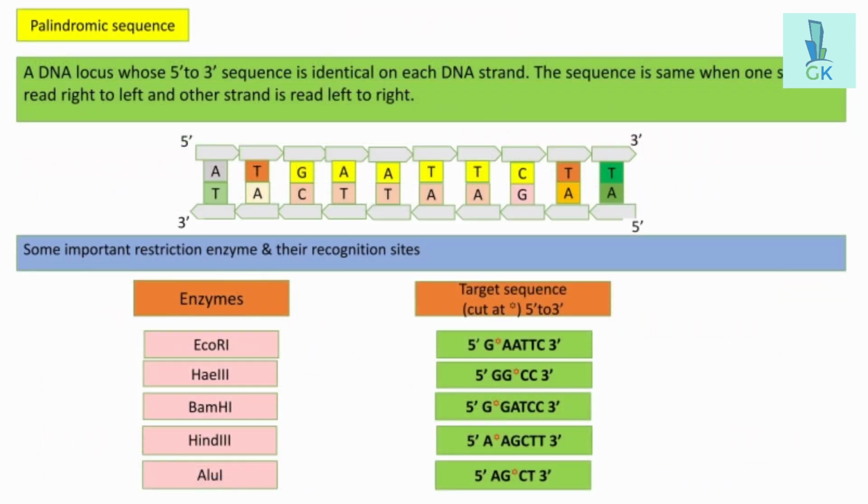Our last concept is palindromic sequence. What is a palindromic sequence? A DNA locus whose 5' to 3' sequence is identical on each DNA strand. The sequence is the same when one strand is read right to left and the other strand is read left to right.